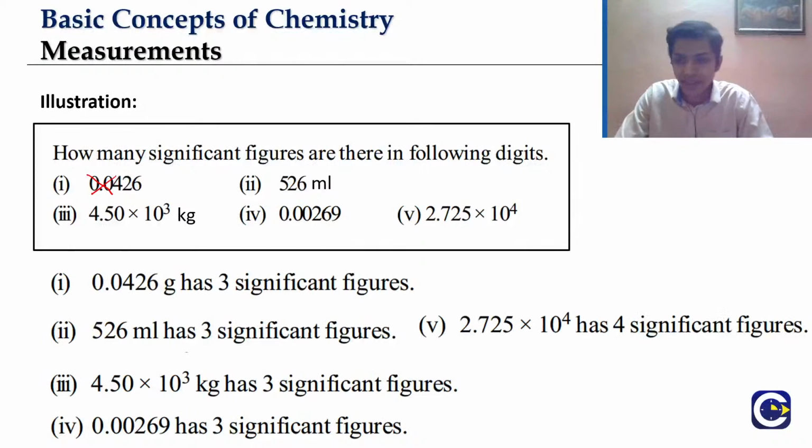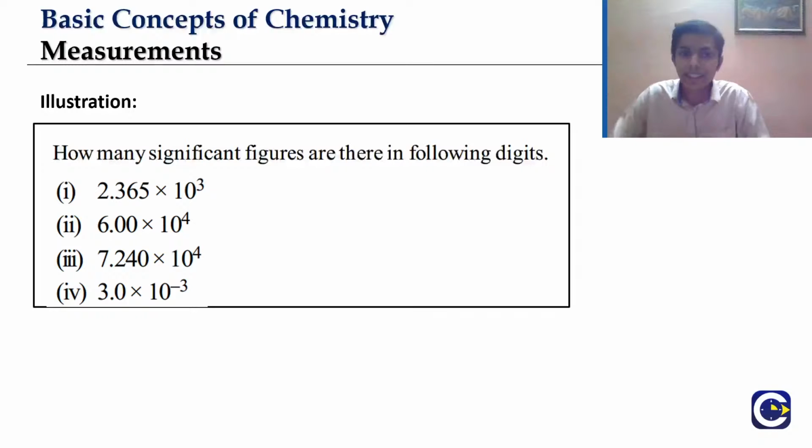Very good. Going ahead, how many significant figures are there in the following digits? Try this one: 2.365 into 10 power 3.